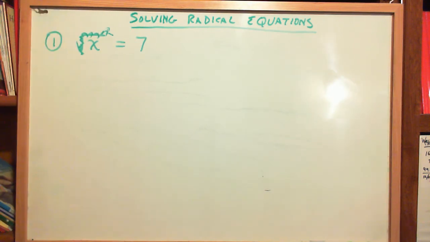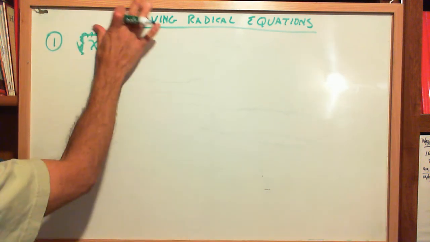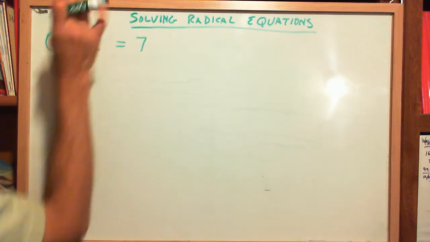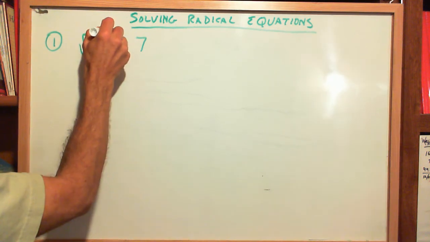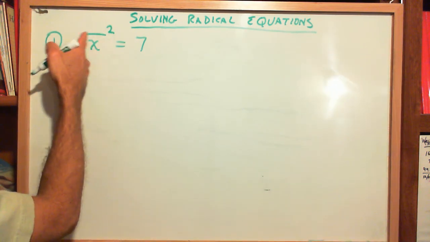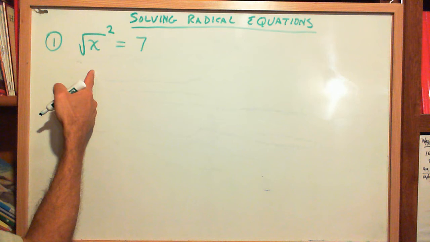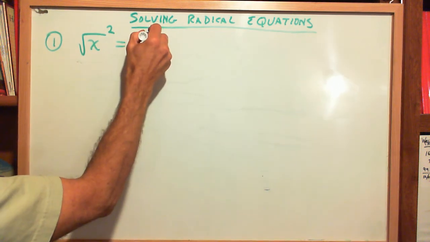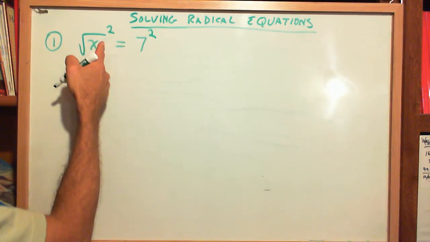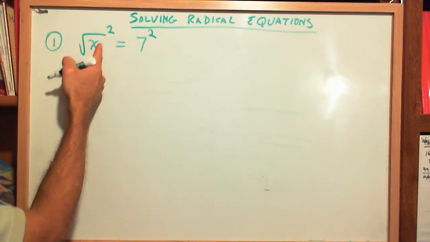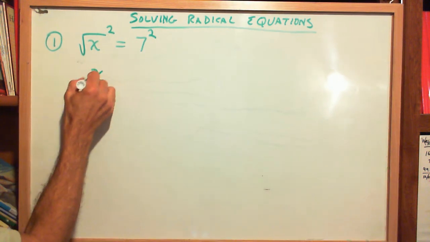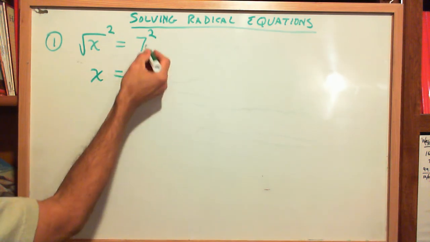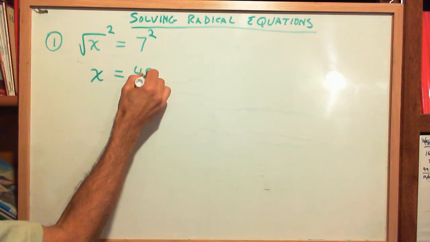They cancel each other out. When the square is on the outside of the radical sign, they cancel each other out. So the square root of x, if I square that, that's going to cancel this out, and all I'm going to have left is x. But if I square one side, I have to square the other. So the square root of x squared becomes just x equals 7 squared, which is 49.